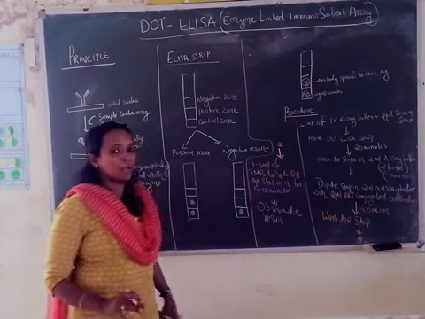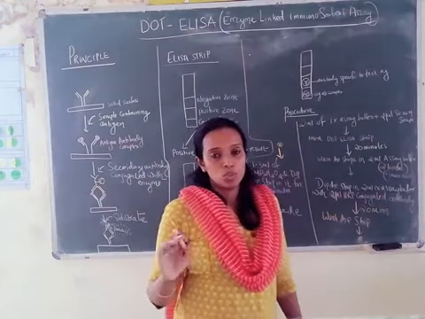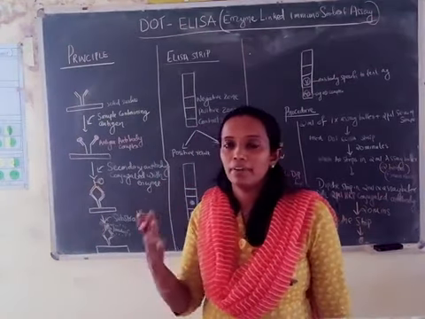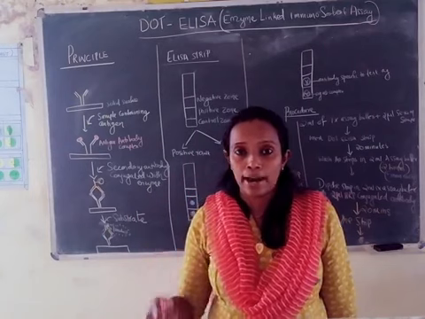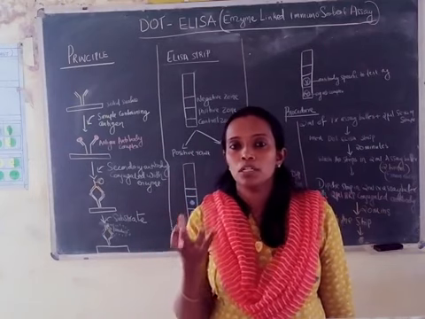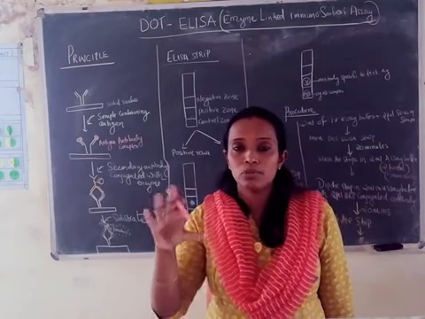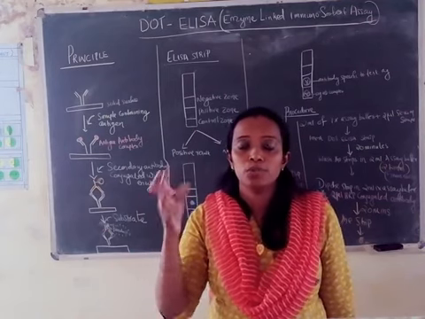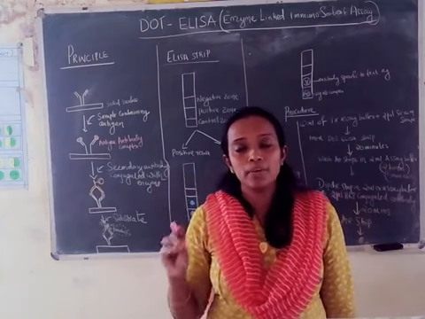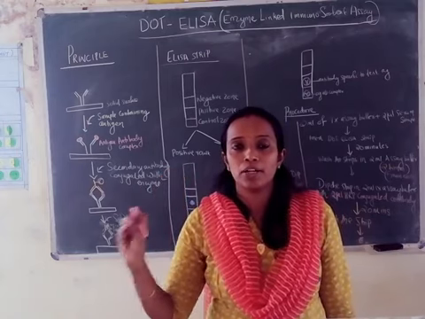Clear? So whatever concentration you need, divided by whatever concentration you have, into the quantity you need. If you do the calculation, you will get a value. If you take that much and make up the volume to the quantity you need, you will get 1x assay buffer of a particular quantity.